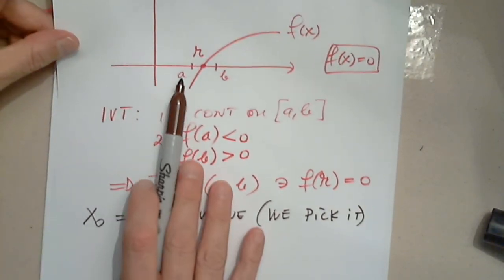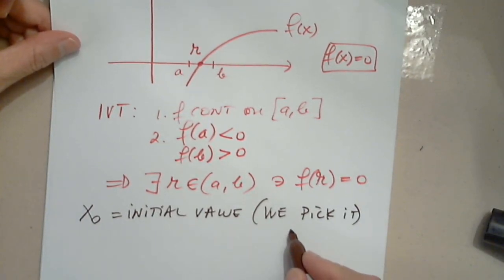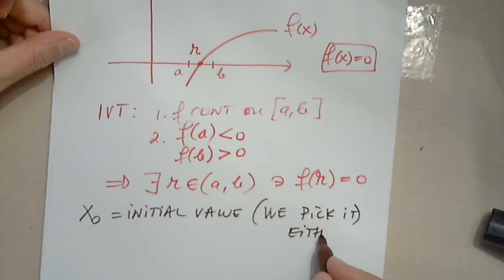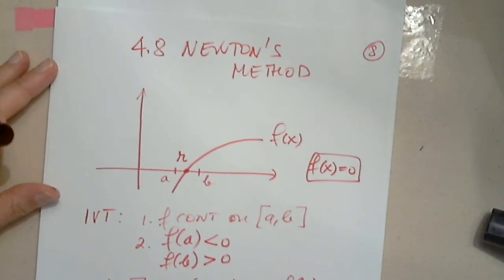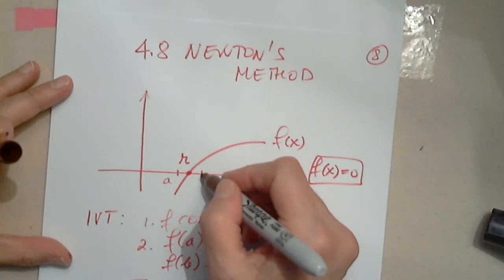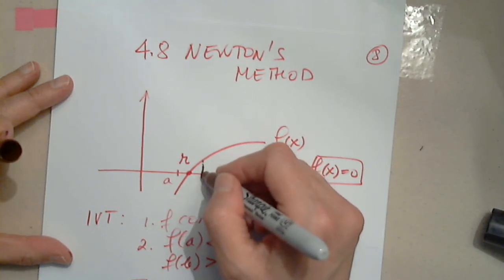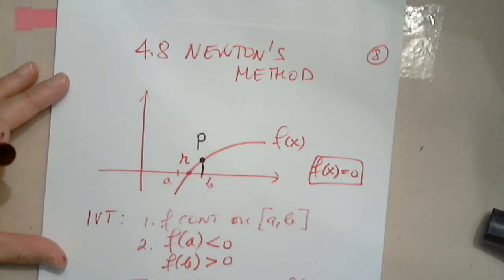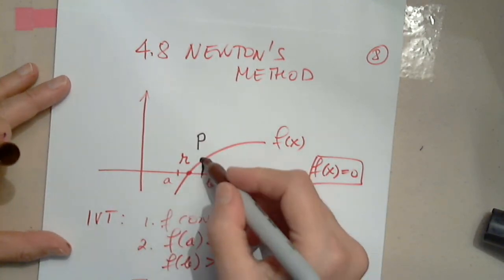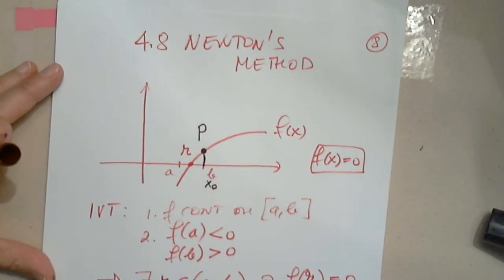We should either pick A or B. It doesn't matter. Let's assume we pick B. For B, I will draw a vertical line at B. I determine a point denoted by P. The coordinates of point P, so let's say this is my x0, the initial value.